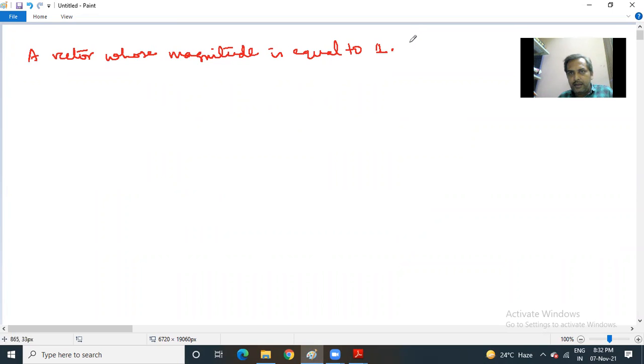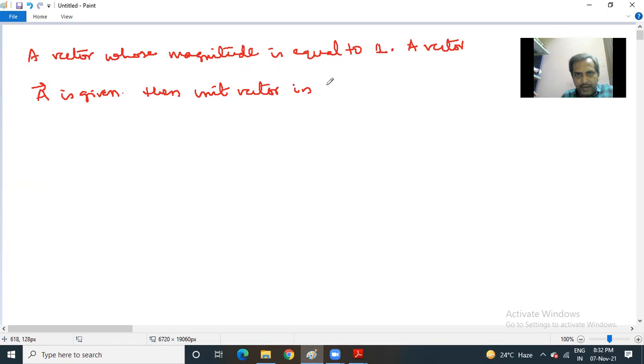Suppose a vector A bar is given, then the unit vector in its direction, A cap, is equal to vector A by its mod.